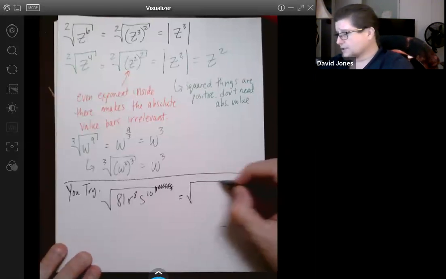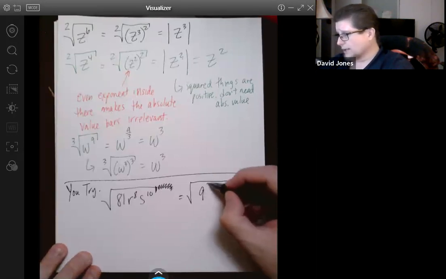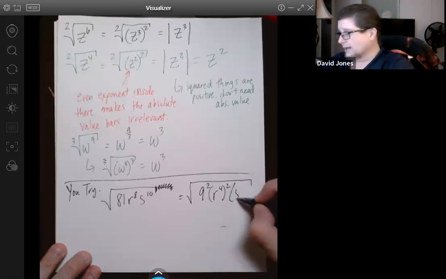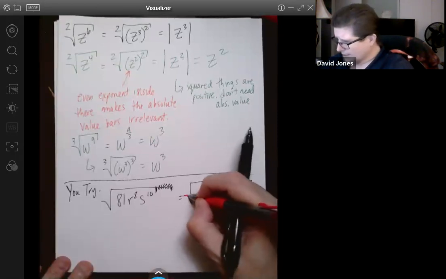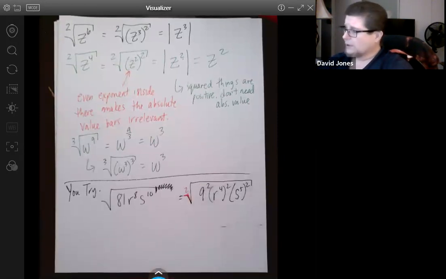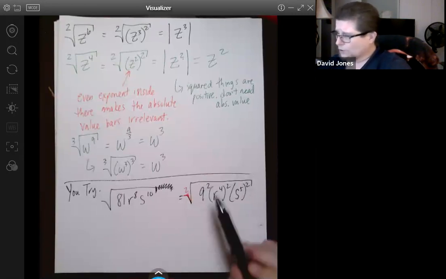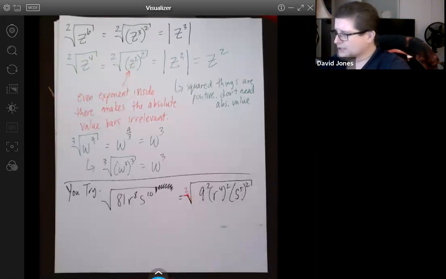This is the square root of 9 squared, r to the 4th squared, s to the 5th squared. And I put the little index on a counter out there, that's a 2. So the curtains match the drapes, the index matches the exponent.